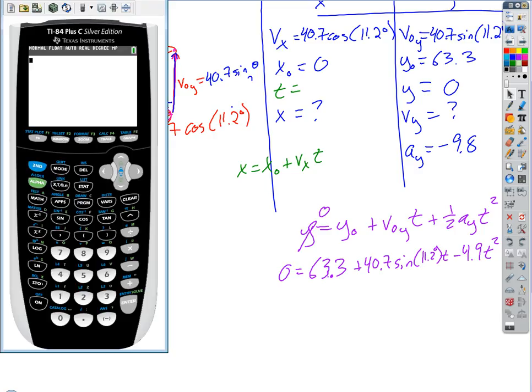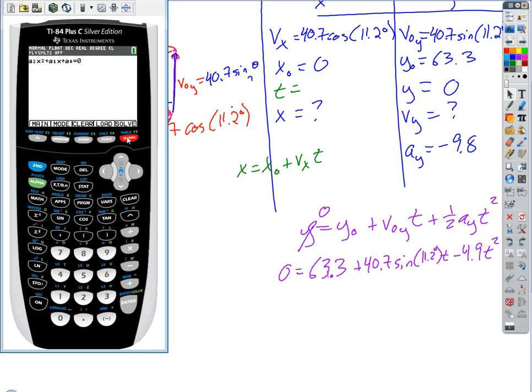So in our calculators, we'll go down to apps, PolySmlt 2. Open this thing up, and we're going to do polynomial root finder. Real, decimal, sounds good. Second order, so next. Okay, so a sub 2, the coefficient of t squared, is negative 4.9.